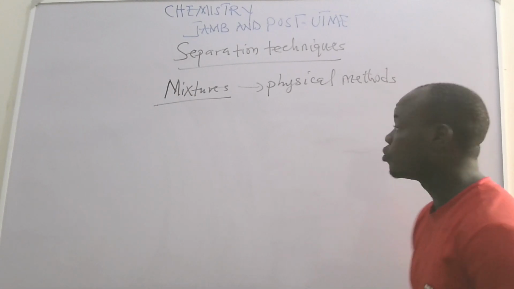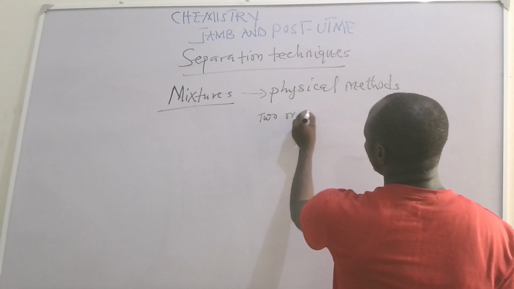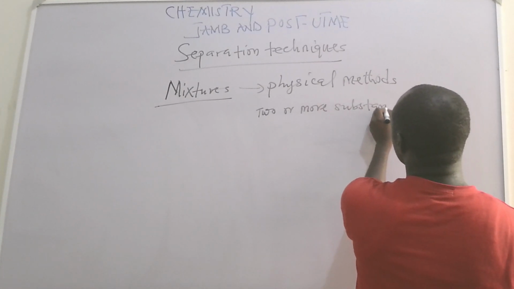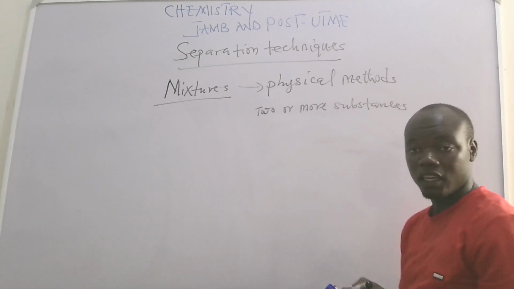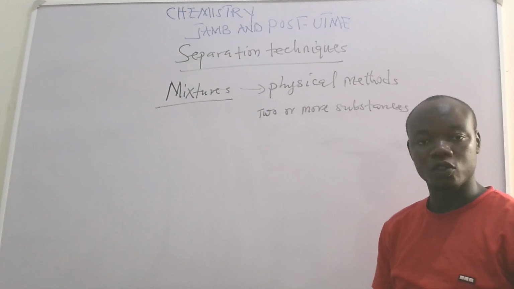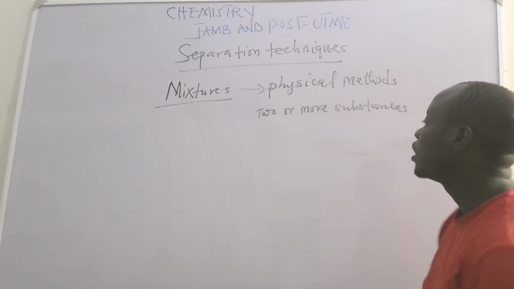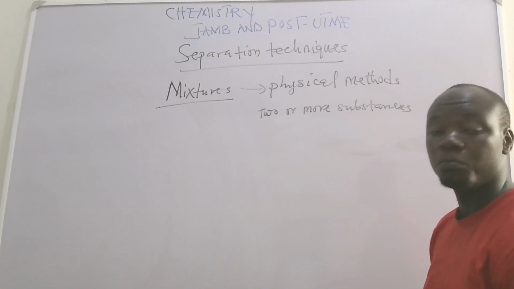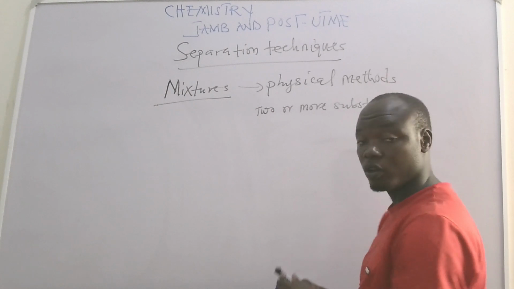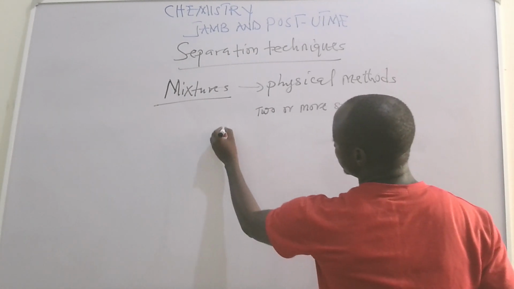So generally, when you have two or more substances that are physically combined together, we define that as a mixture. And we have two types of mixture: homogeneous mixture and heterogeneous mixture.